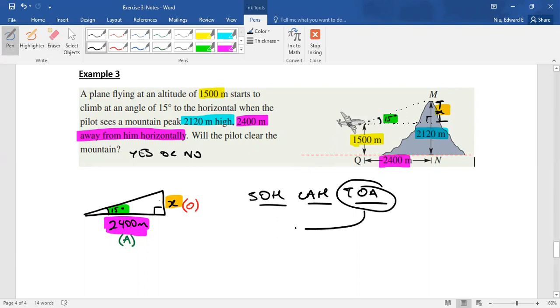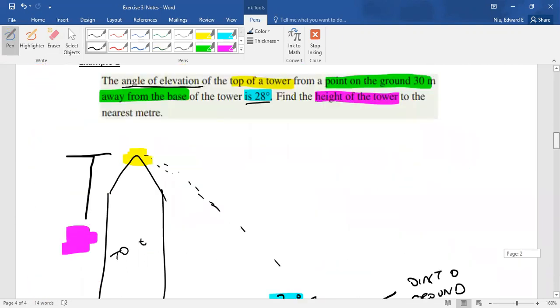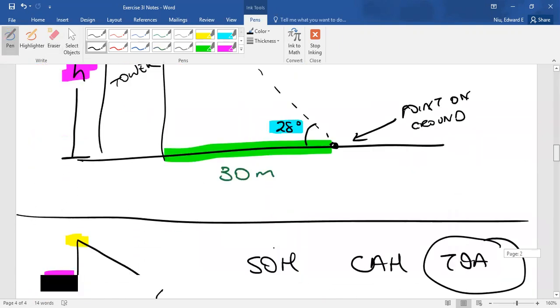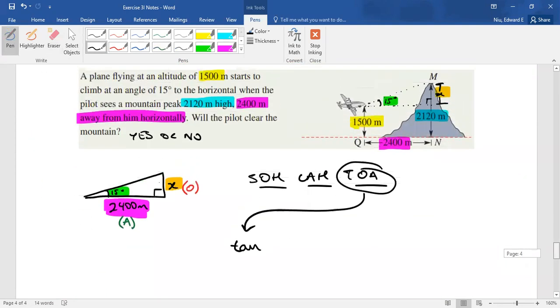So what we do here is we say tan theta, which is our generic ratio, equals the opposite value divided by the adjacent value.